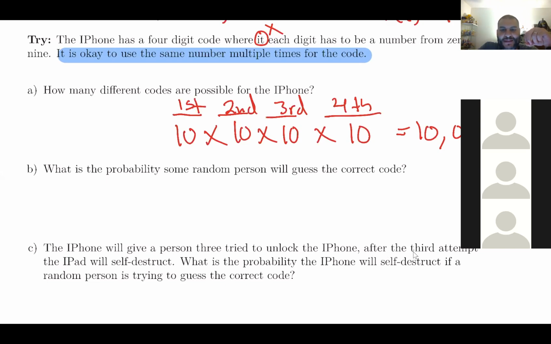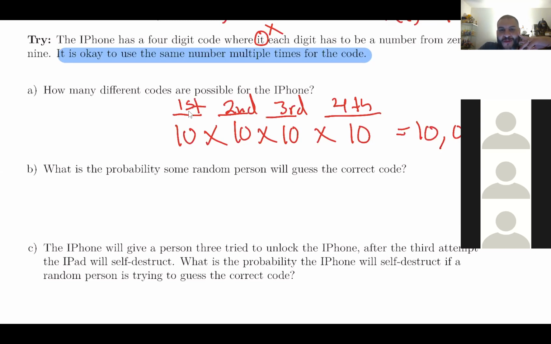Let's do part B. It says, what is the probability that some random person will guess the correct code? You would use permutation when order matters, because if I put 2 right here, it makes a difference; the passcode will only work if you put 2.